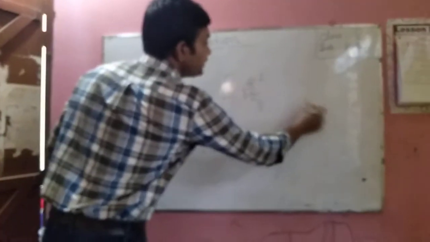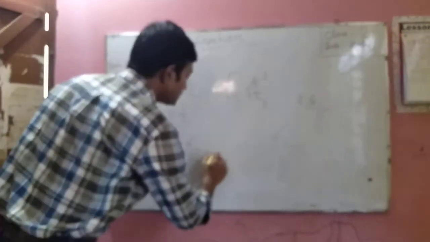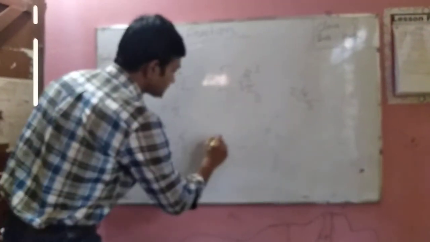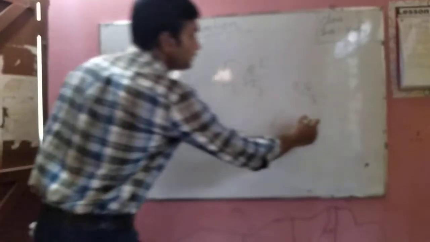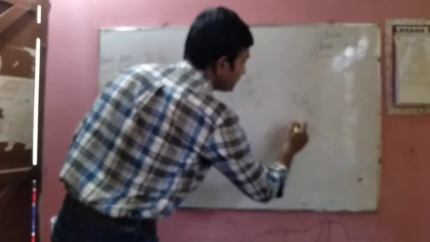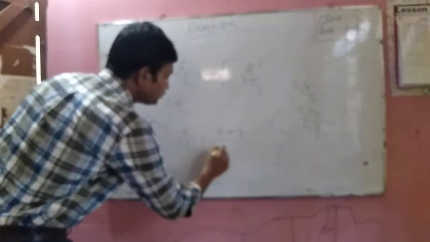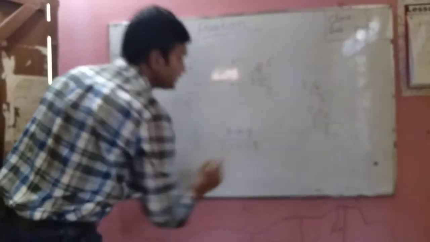So you can make it in the multiplication of prime factors. 2 threes are 6, 2 into 3. So now 12, you can see 12, 2 sixes are 12, 2 threes are 6. So 2 into 3. So you are seeing that this is a multiplication of prime factors.